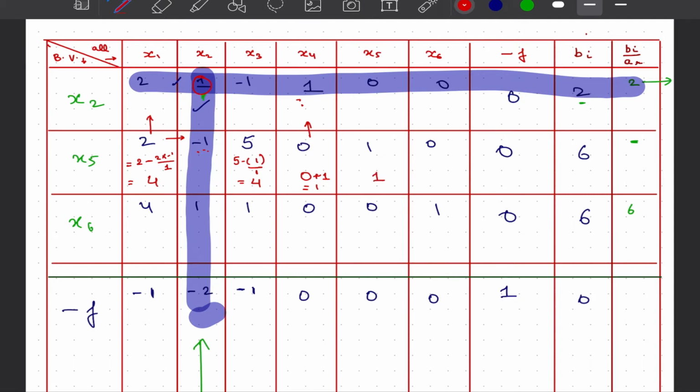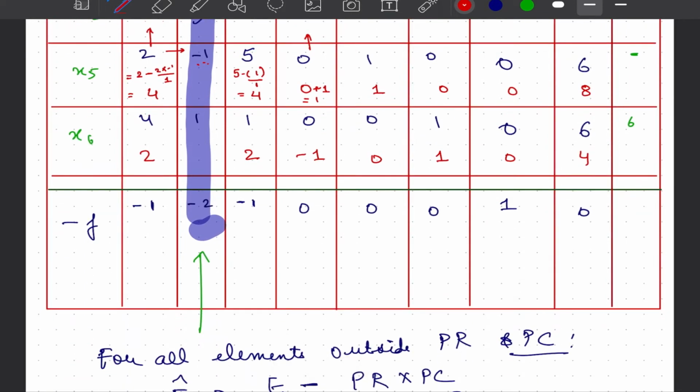You can calculate all the values similarly. So this becomes 1, this is 0, this is 0, and this is updated as 8. Then we will update this column. This would become 2, this would become 2, this would become minus 1, 0, 1, 0, 4. And we will also update the values here.